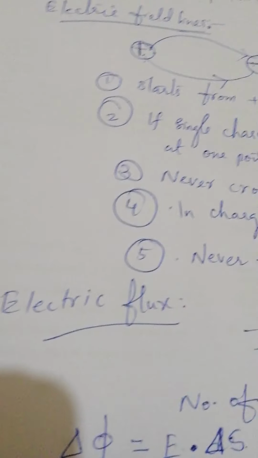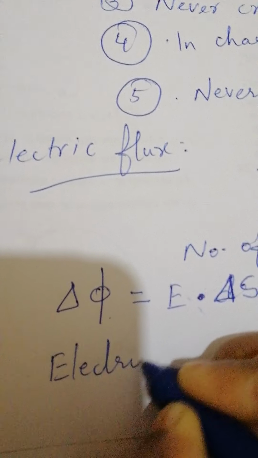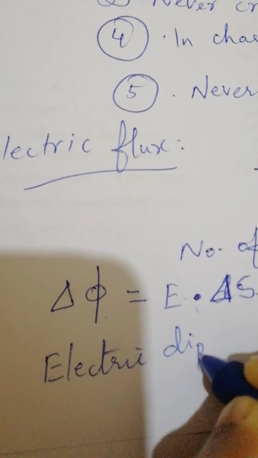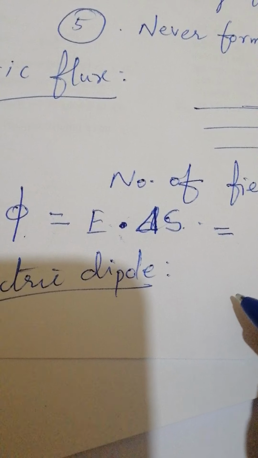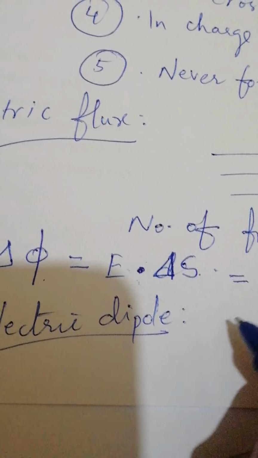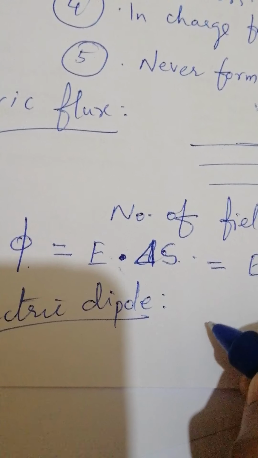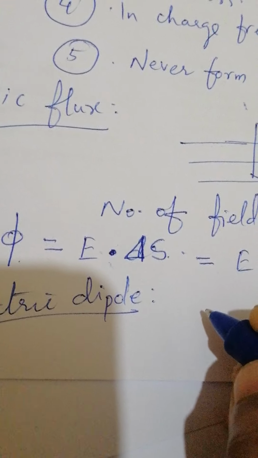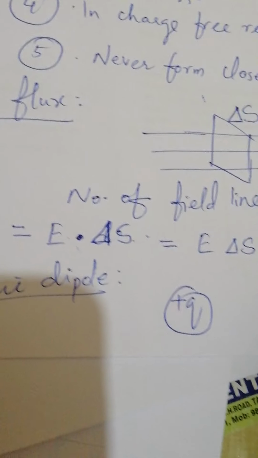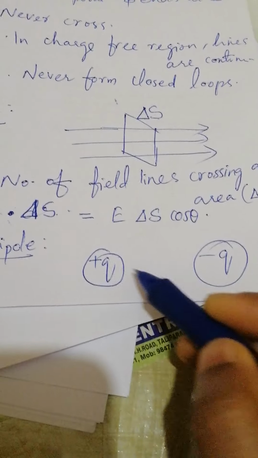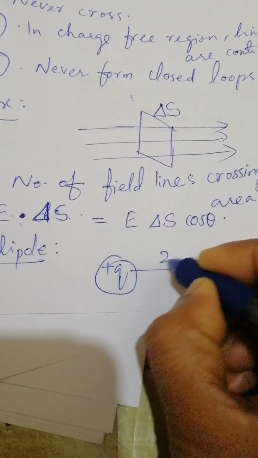And next is electric dipole. What is an electric dipole? An electric dipole means a pair of equal and opposite charges separated by a distance. Consider equal plus q and minus q, a pair of equal and opposite charges, separated by a distance 2a.